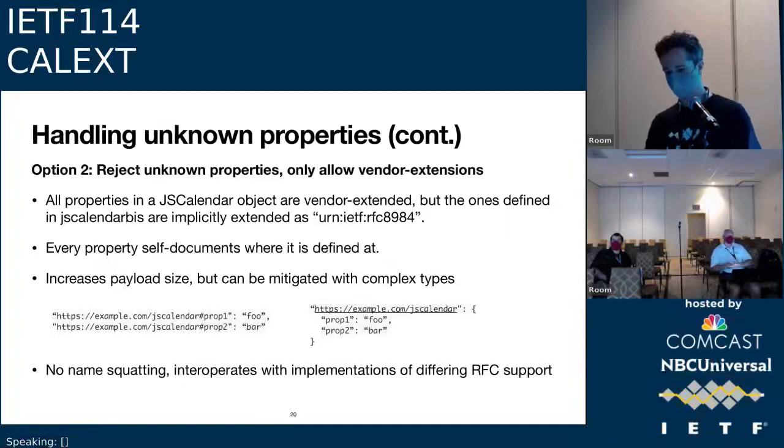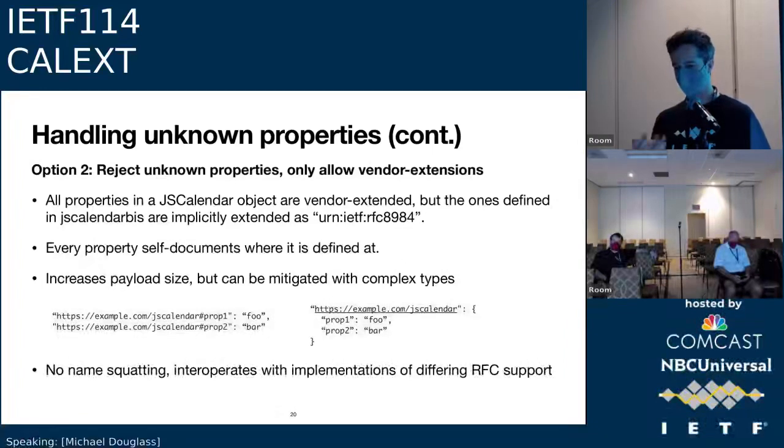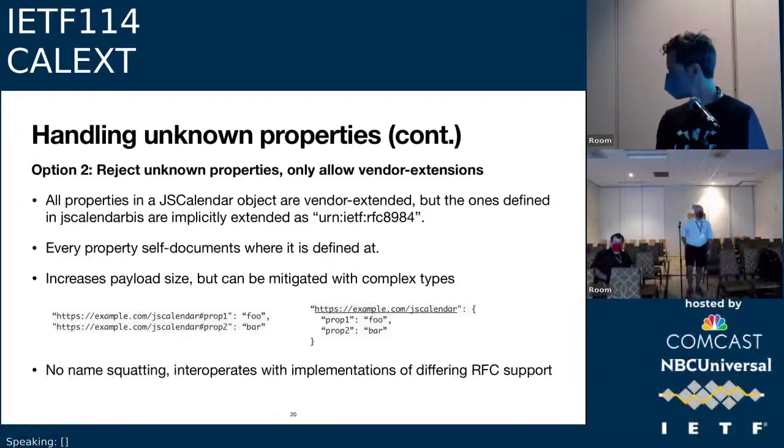Which is saying that the only non-vendor extended properties in a JS calendar are the ones in the RFC that is JS calendar biz, and everything else is added as an extension property with the proper RFC number where the property is defined. I don't particularly like option 2 because over time we're going to wind up with lots of URN RFC number stuff everywhere. It does really bloat it and make it hard for people to deal with in future, I think.